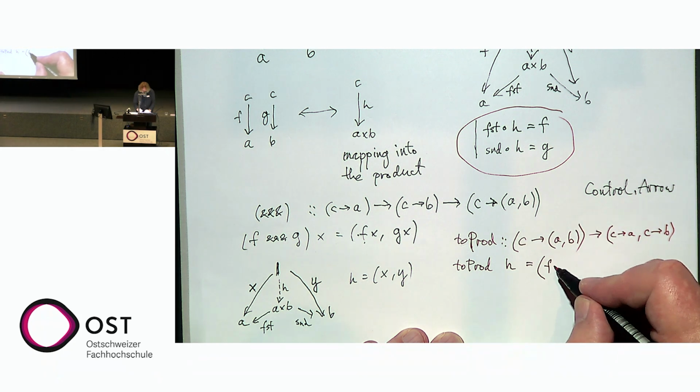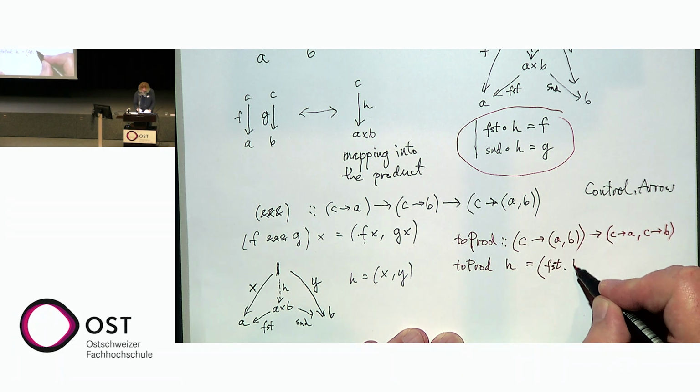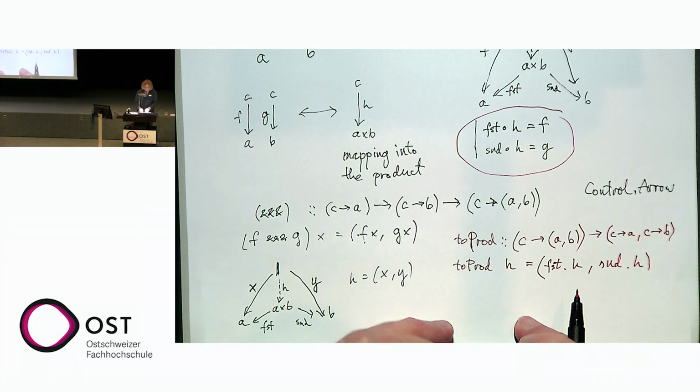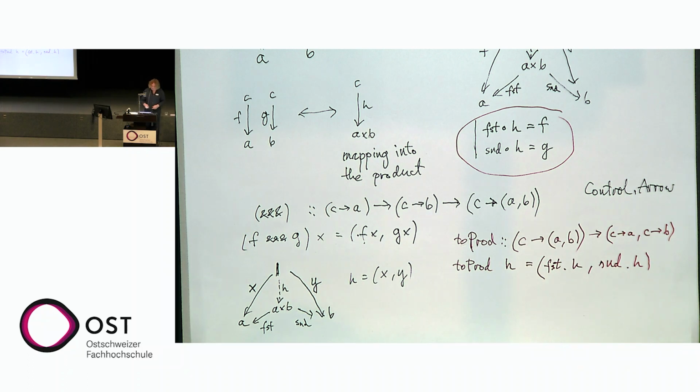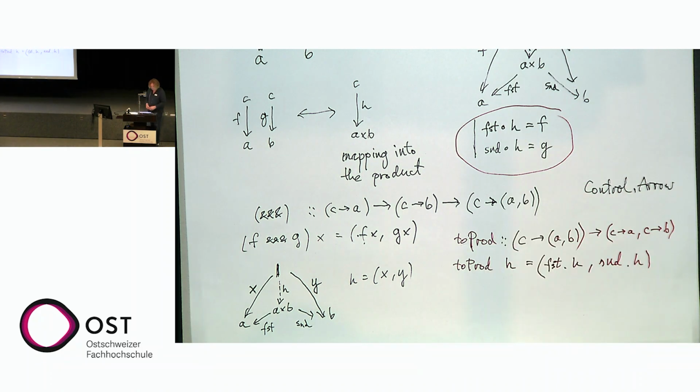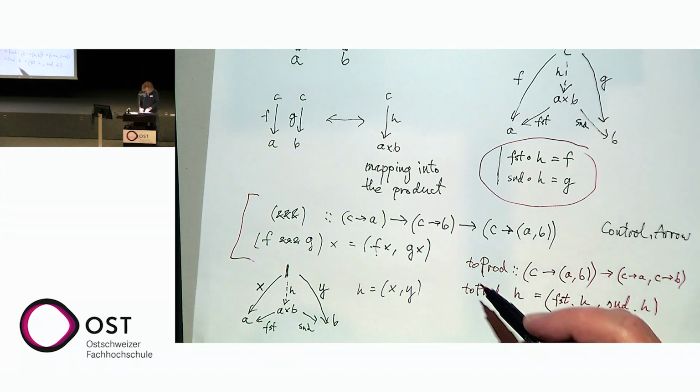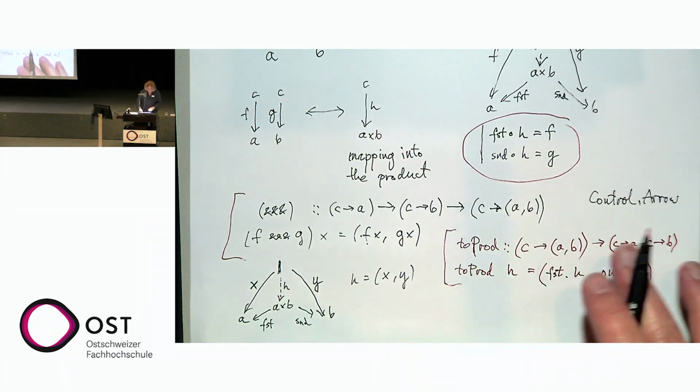So you get first dot H, comma, second dot H. Okay? So we have translated this diagram into this function and this function.